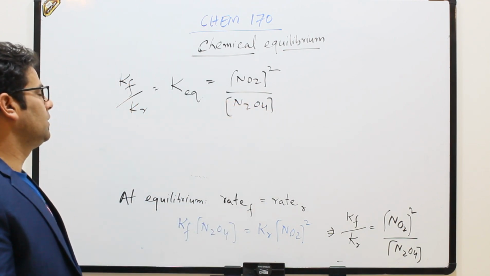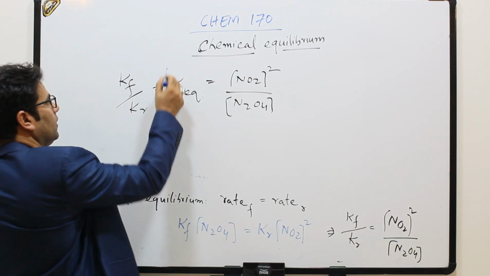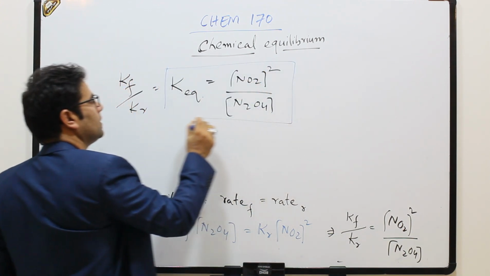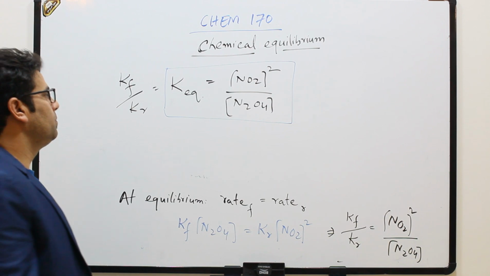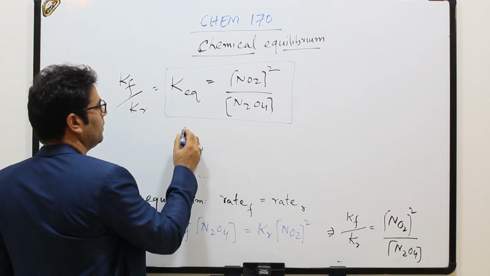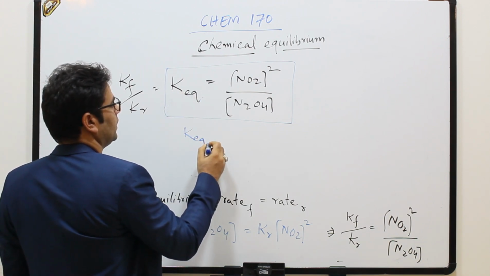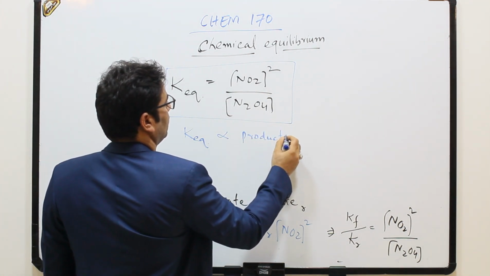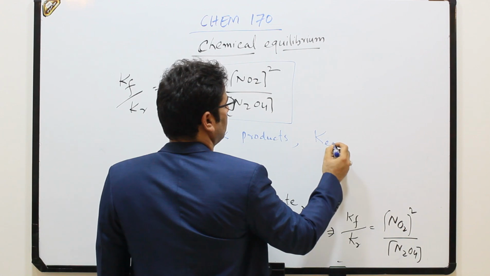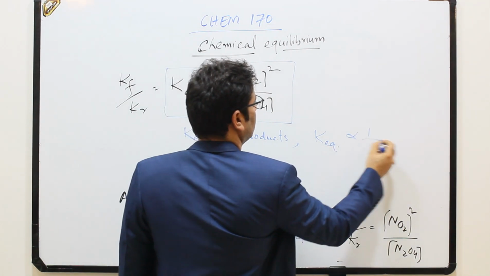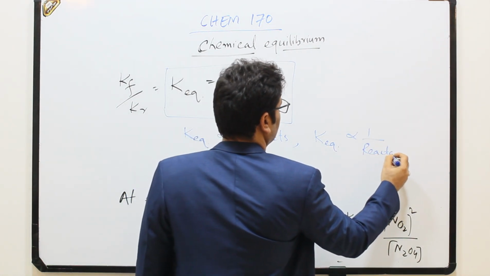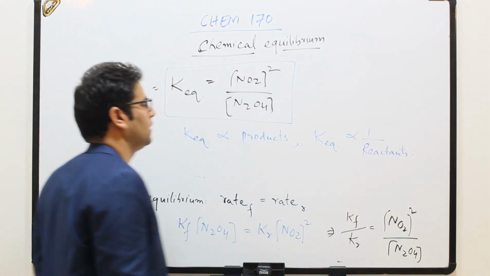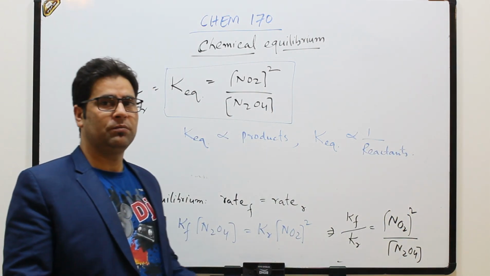This is our final equation, which we call the equilibrium rate expression. So from this you can say the equilibrium constant is directly proportional to products and inversely proportional to reactants. Okay, this is our conclusion from the equilibrium constant.